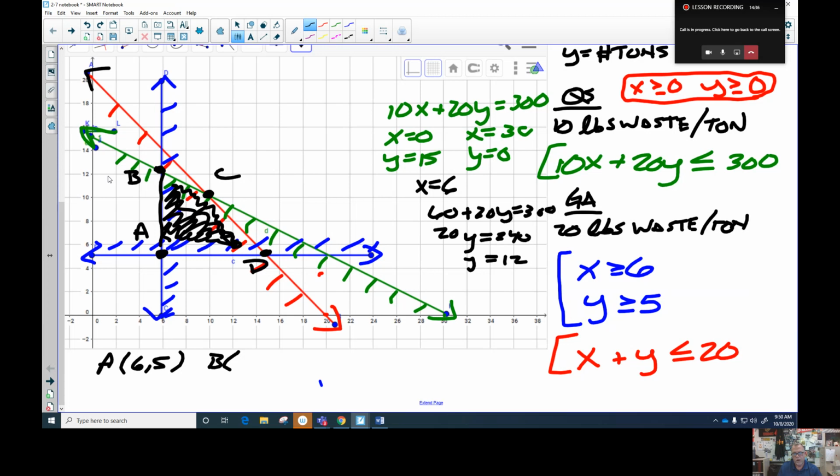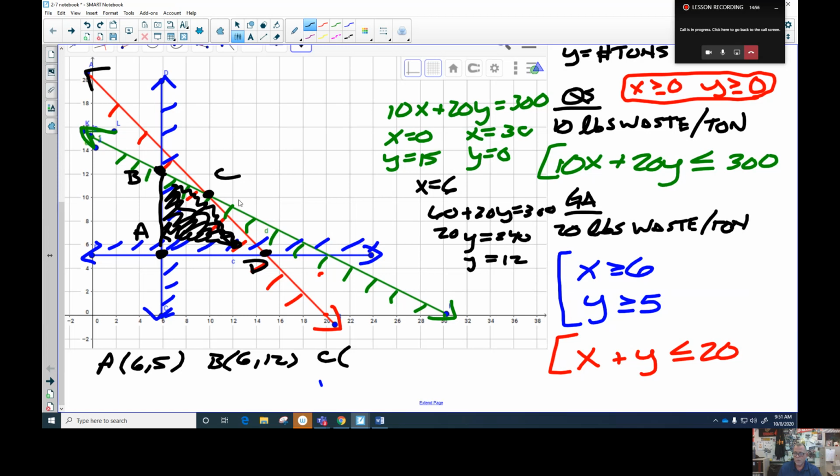And that looks pretty much where we're at, doesn't it? Looks like our graph was reasonably accurate. So we can say this is 6, 12. C is the coordinates where x plus y equals 20 and 10x plus 20y equals 300. It's those intersections. Now it looks like it's at 10, 10.